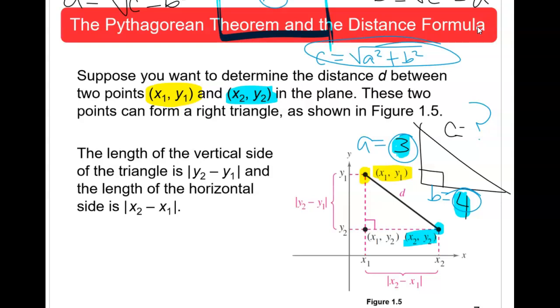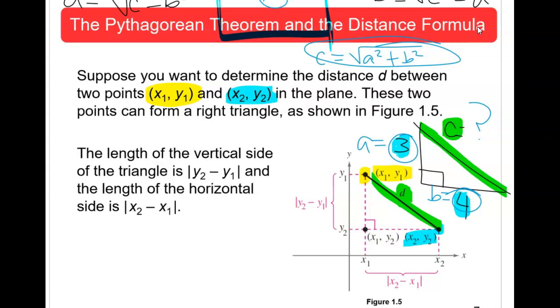Okay, so we need to find the distance between those 2 points, which will be here, d. We're using d for distance. With the Pythagorean theorem, most of the time we use the letter c, but it also refers to the hypotenuse.